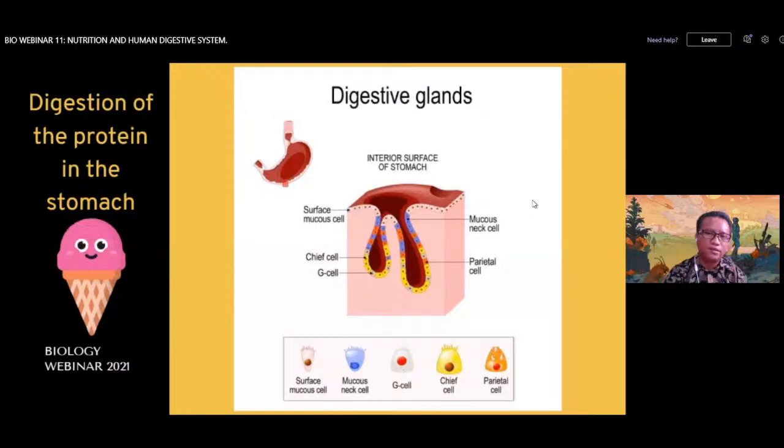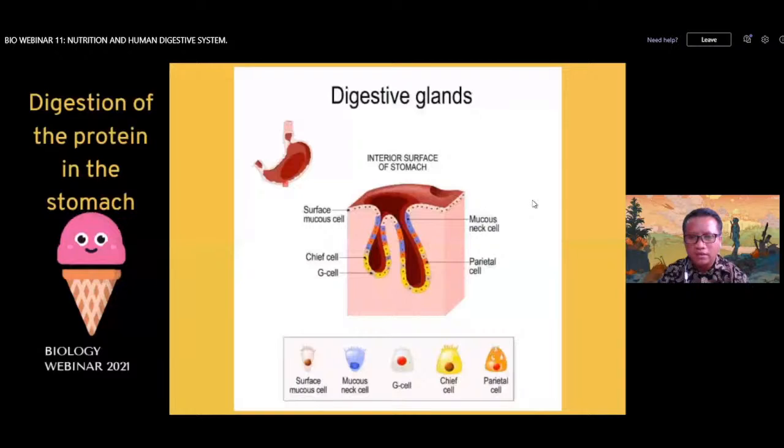As you can see here, this is the cell wall of a stomach. We have cells that are adapted to help the process of digestion. In the stomach, we have the surface mucus cell, the chief cell, and the parietal cell.